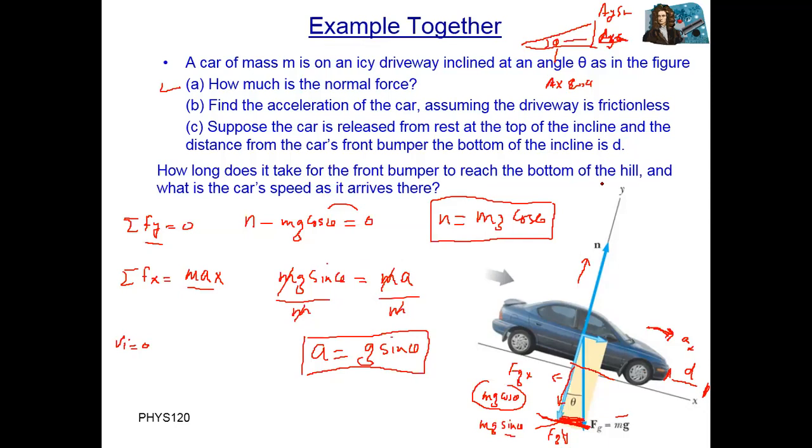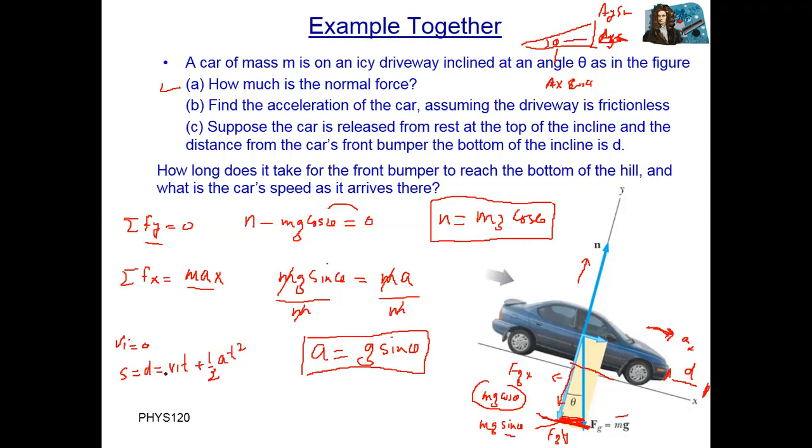First of all, the initial velocity is 0 and the distance is given as d. How can we find distance? If we use the second equation, I will write only S or D. S or D is equal to Vi t plus half a t square.